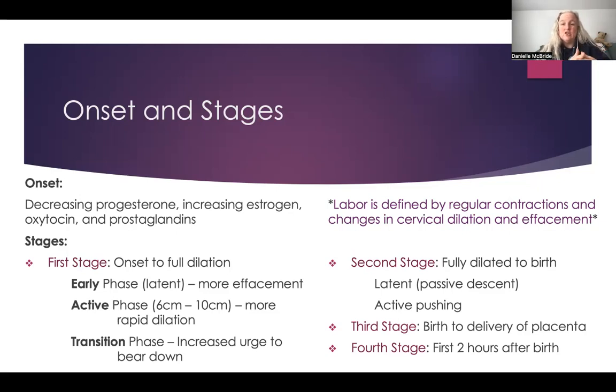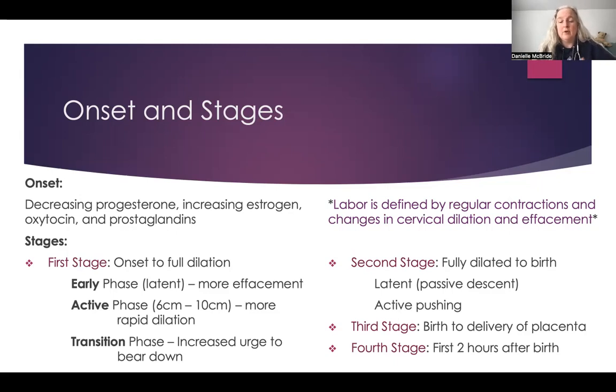She starts feeling like she needs to push. Sometimes if she doesn't have an epidural on board, especially, she might be involuntarily bearing down. At this point we want to keep her in control and help keep her from pushing against the cervix, because we don't want it to tear and bleed and swell. Okay, so that's transition.